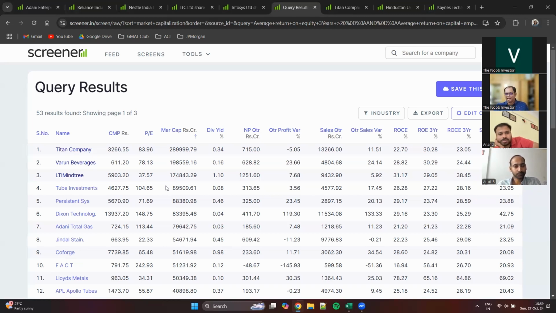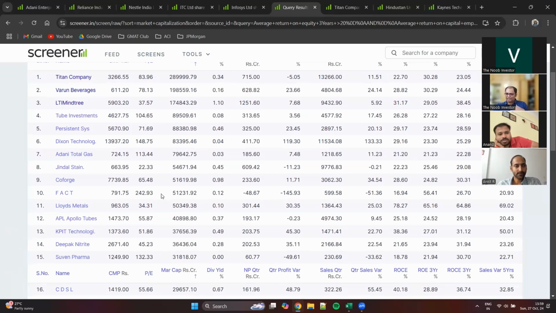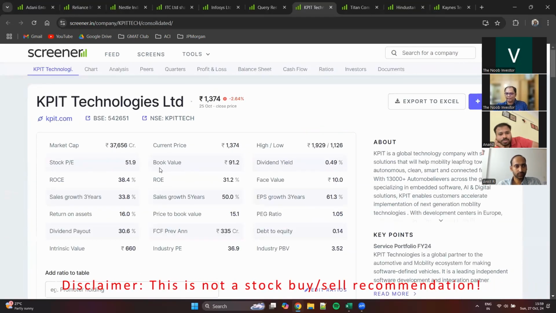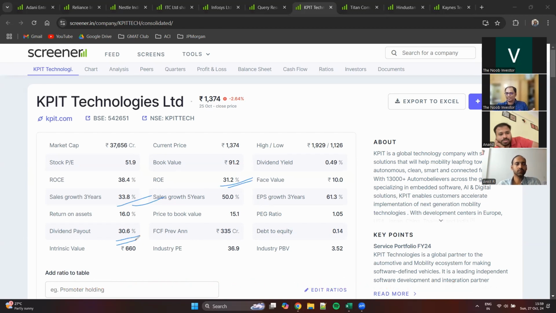And for each of these companies, there is no blind investing. You need to go read about the company. Let's say a typical company, let me take KPIT. They have shown very good numbers. They have sales growth of 33%. They have ROE also of 30%. Their dividend payout is also not very high, 30% is typically pretty reasonable in terms of a dividend payout, so they are reinvesting their money also.